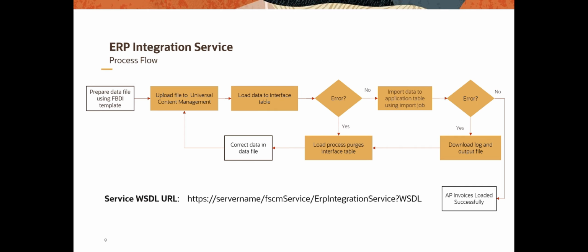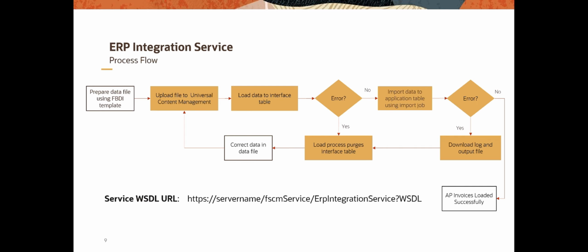And this workflow mirrors the manual steps but replaces them with service operations, enabling automation in enterprise integrations. So those boxes in the brown color, they are actually the service operations.